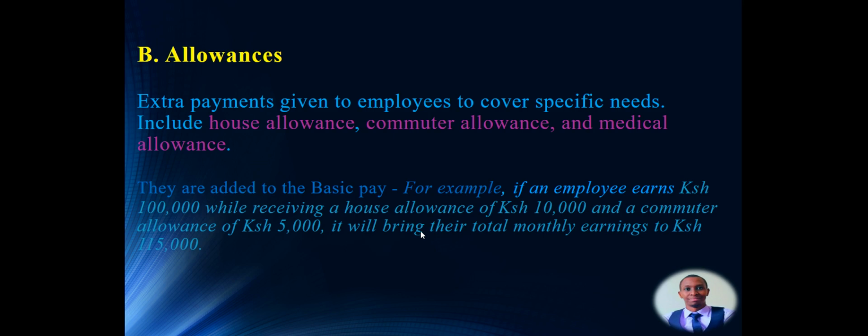For instance, if your payslip reads a basic pay of Kenya shillings 100,000, and you have other allowances that the employer has granted you, you will have to top up. For this case, 100,000 plus, assume, a housing allowance of 10,000 every month and a commuter allowance of 5,000. So what is the gross pay in this case?